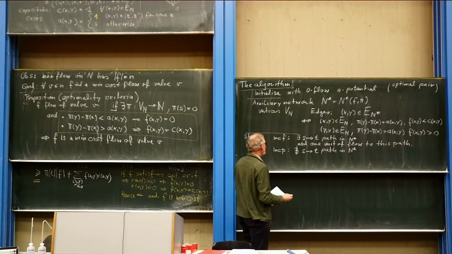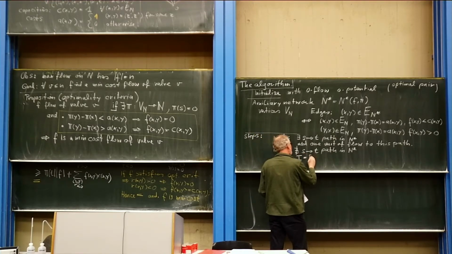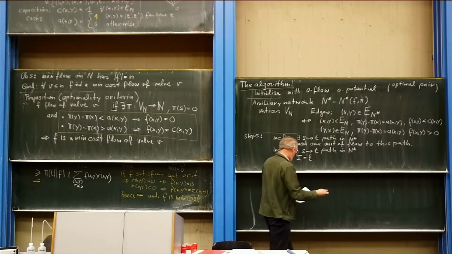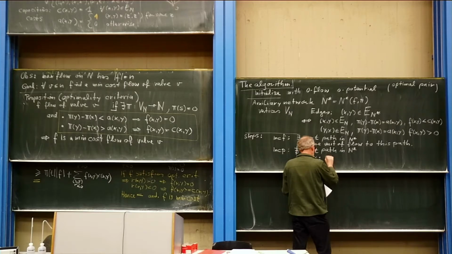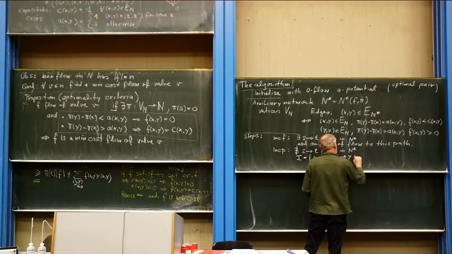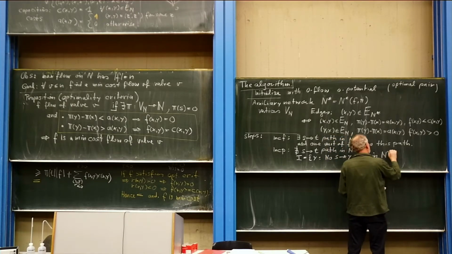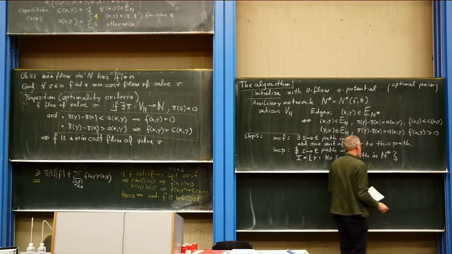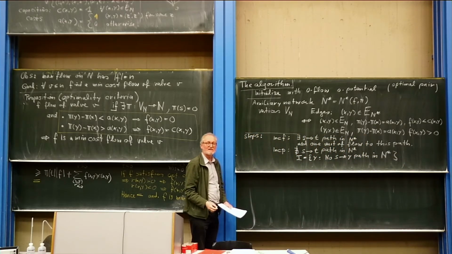In this case we define a set I, the set of vertices with the property that there is no S to Y path in the auxiliary network. This is non-empty because T belongs to this set.